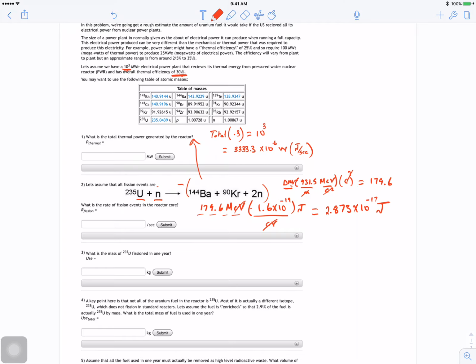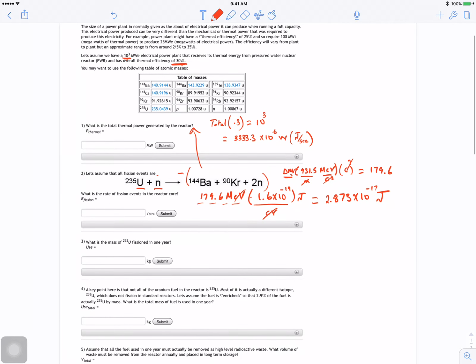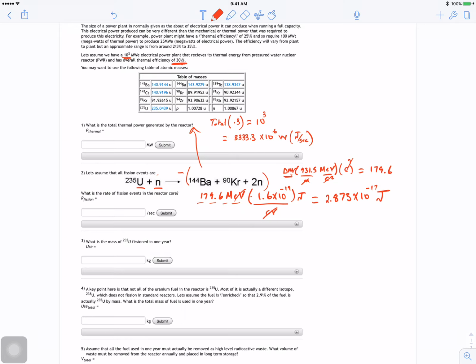Now we just divide the number we found in the beginning, times 10 to the 6 because this is joules per second, by 2.873 times 10 to the negative 17 joules.